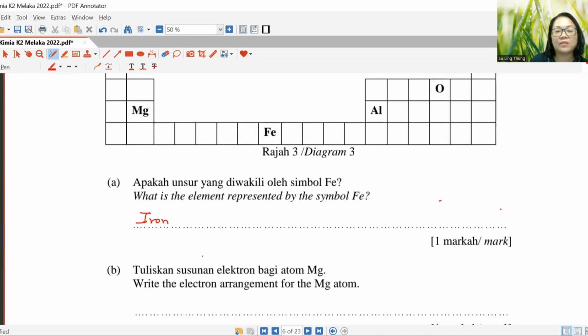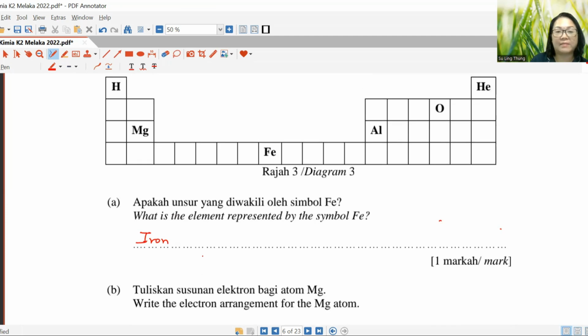Now, write the electron arrangement for magnesium atom. When you are given a situation whereby you do not have the number of protons to guide you, identify first which group it is in. In this case, it's in group 2, so you know that it has 2 valence electrons, and magnesium is located in the 3rd period.